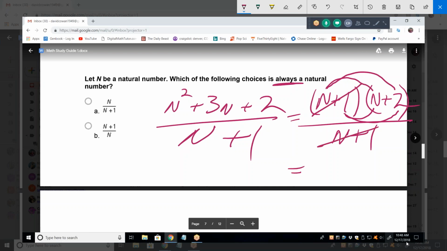And the result of this thing is n plus 2. And that is always a natural number regardless of what n is. And we know it. In other words, I don't have to go through all the numbers, 2, 3, 4, 5, 6, 7, 8. I know that if n is an integer, then n plus 2 is an integer.